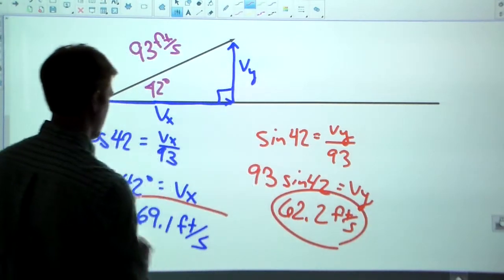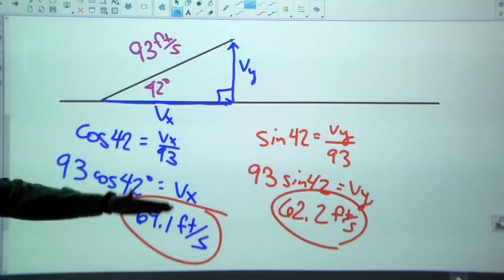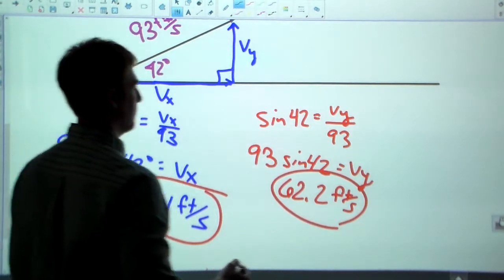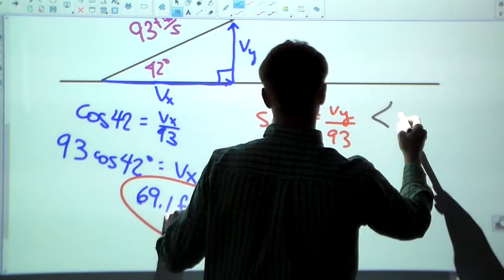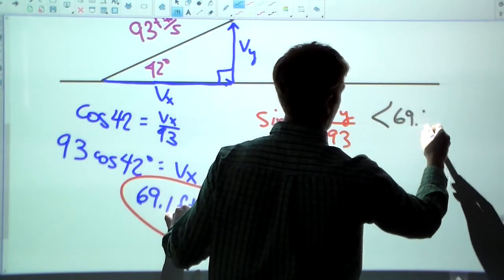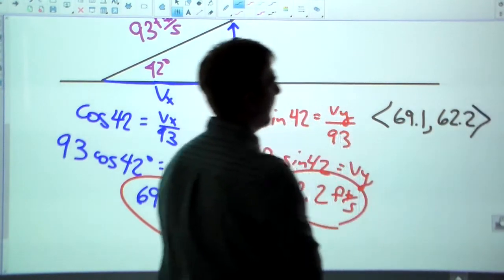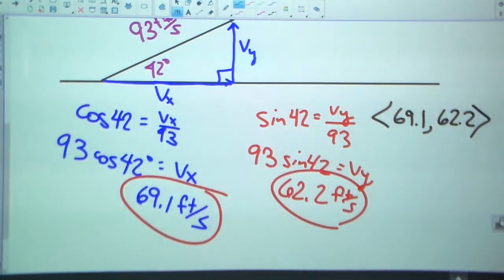And there you go. That is your horizontal component and your vertical component. The only thing really left, if we want to write this as a vector in component form, then this is our x, so 69.1. This is our y, so 62.2. And that's probably about as far as we could take it.